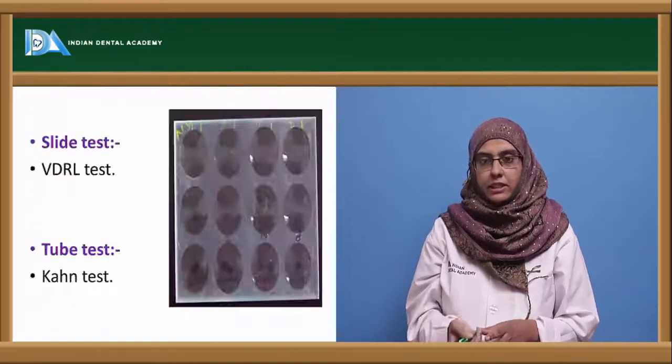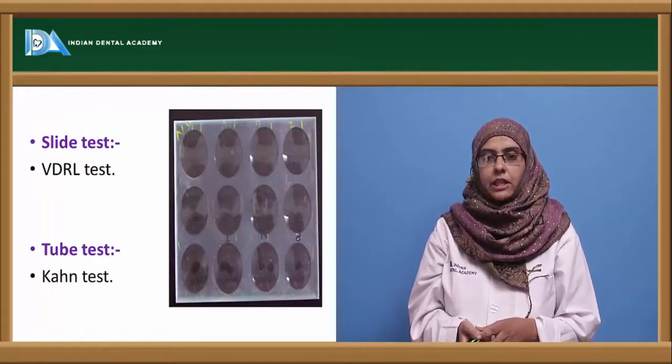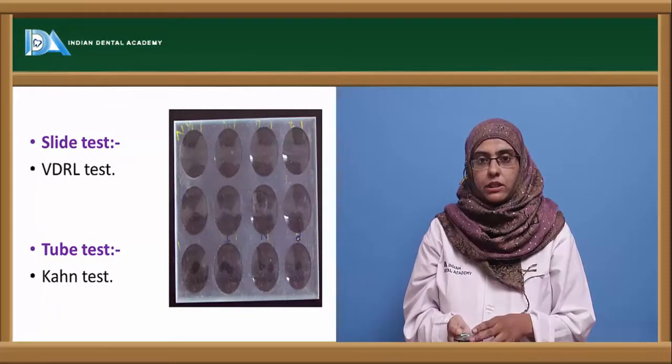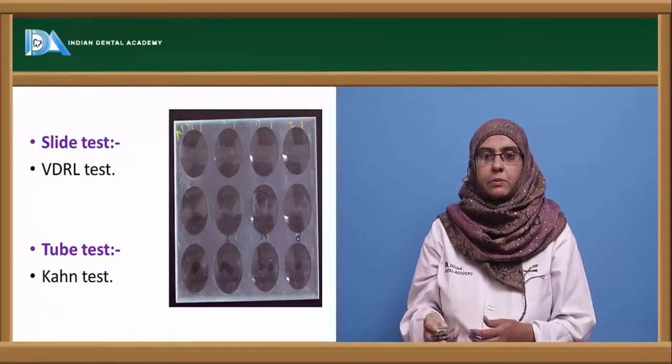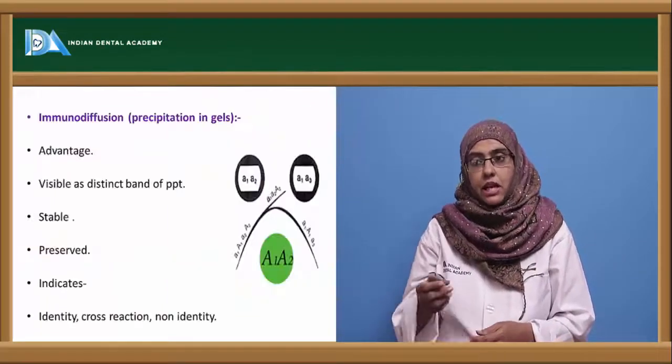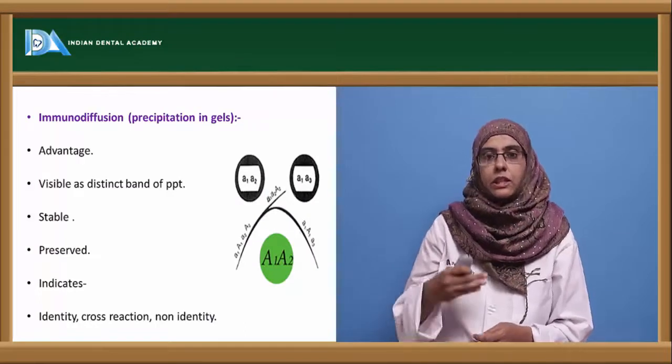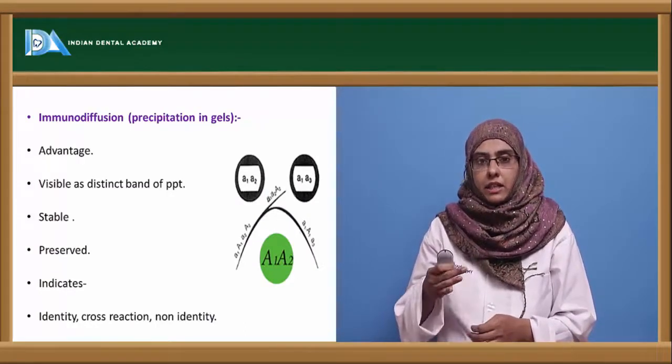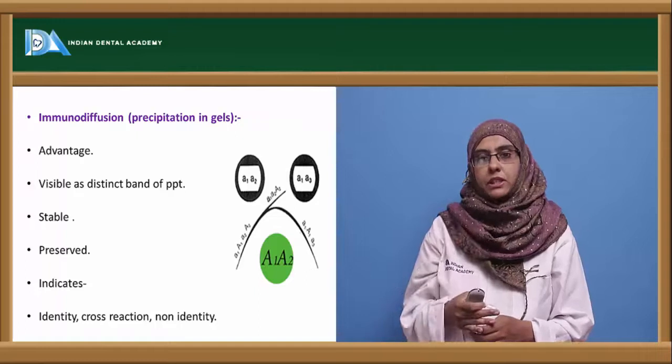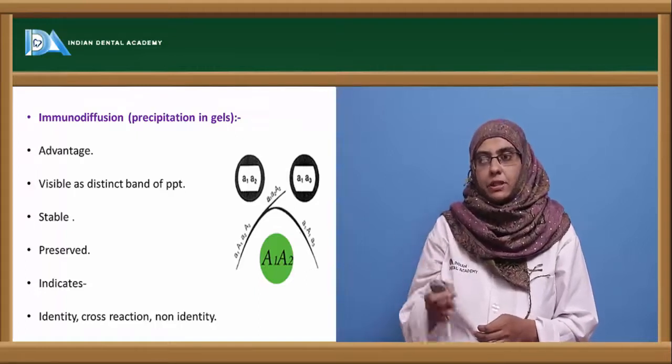The techniques that we have studied so far are usually carried out in liquid, so it is difficult for us to identify the precipitate in liquid condition. So this has been converted to a more sensitive test, with easier and rapid detection of the precipitation line in the presence of gels.